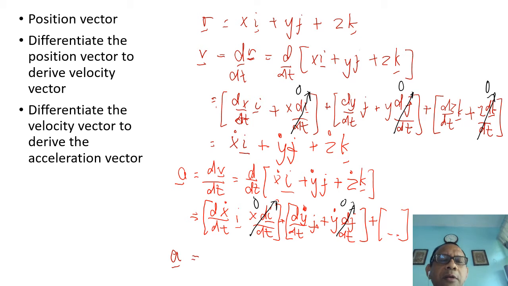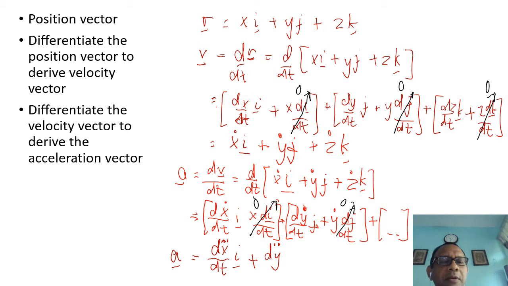as d x double dot over dt i plus d y double dot, sorry, my mistake again.